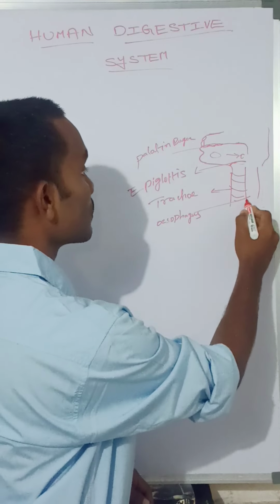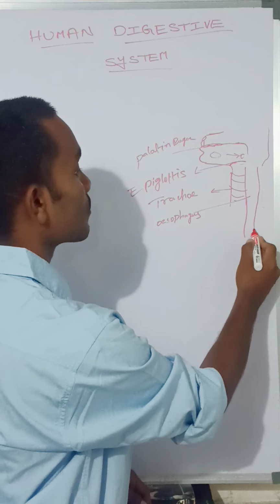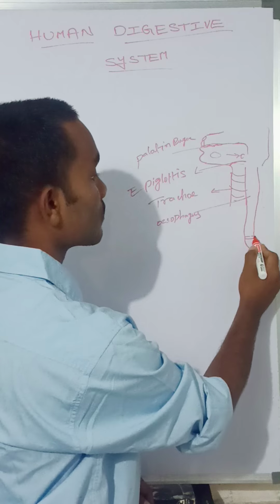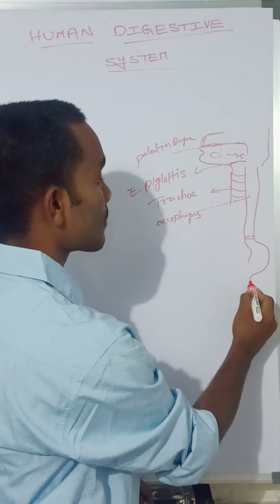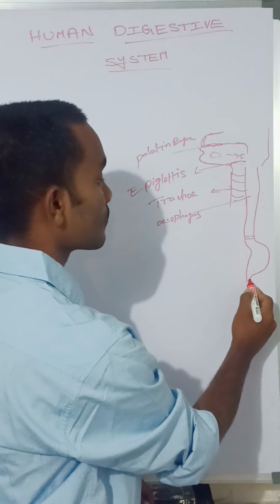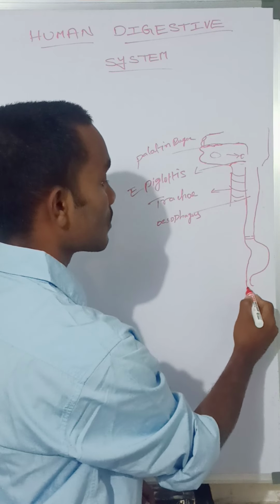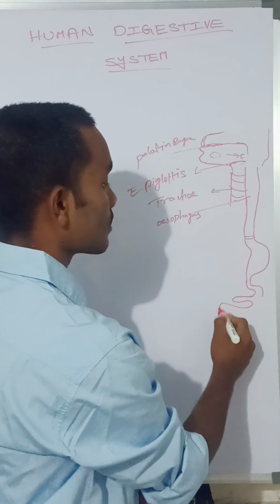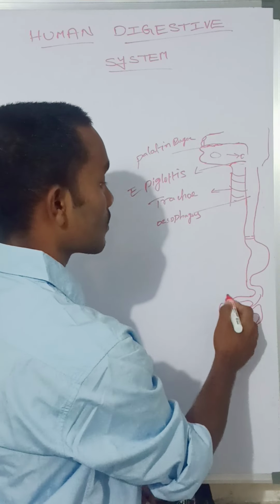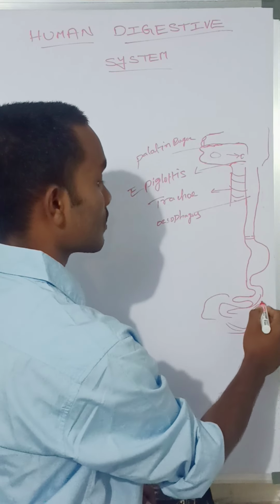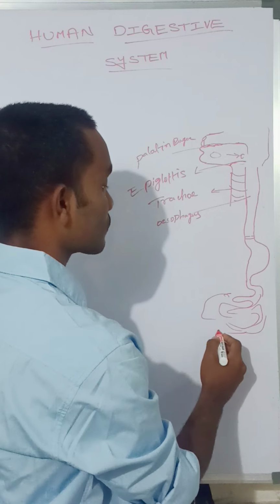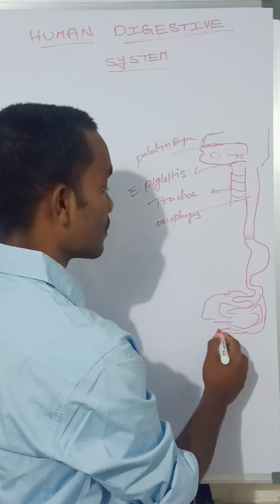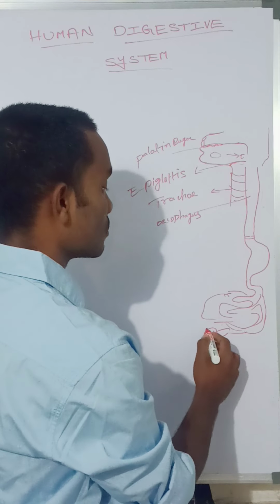Now from here, it comes like this. Here is the sphincter, and this is the stomach. Then after, the stomach will open into the large intestine.